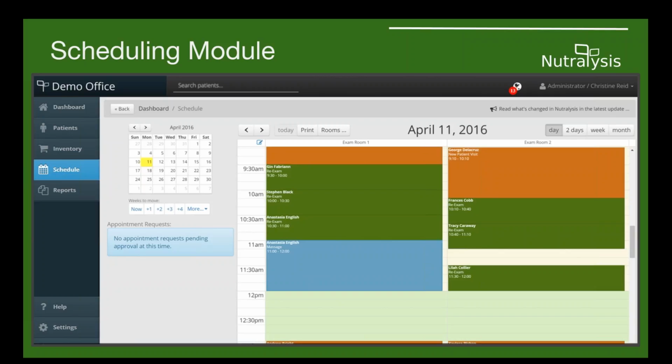Hey, the next thing I wanted to, yeah, go ahead, Doc. The scheduling module, Christine, I didn't hear you mention the reminders for the schedule. So there's, Josiah, am I right, you now have live the email and texting ability for reminding? Yes, that's correct. Right now the system is set up to send out an email 24 hours before the visit and a text 2 hours before the visit.